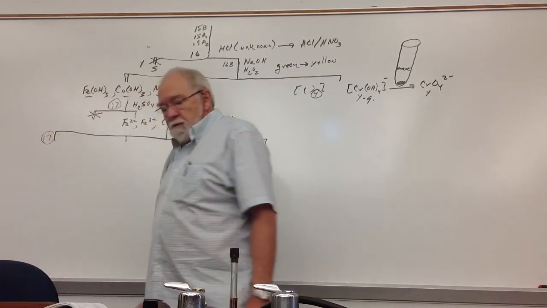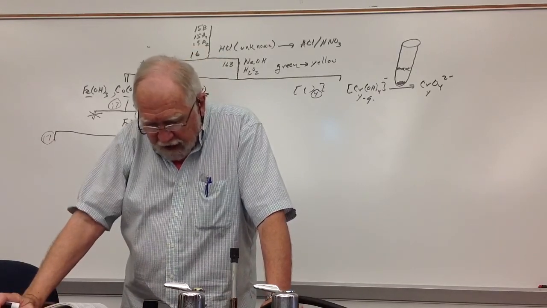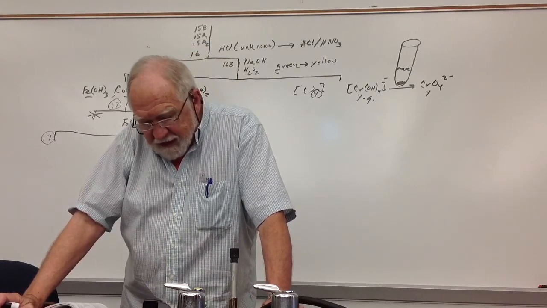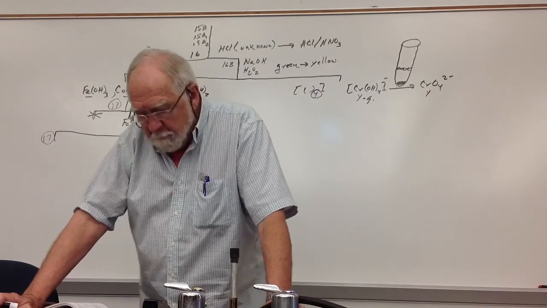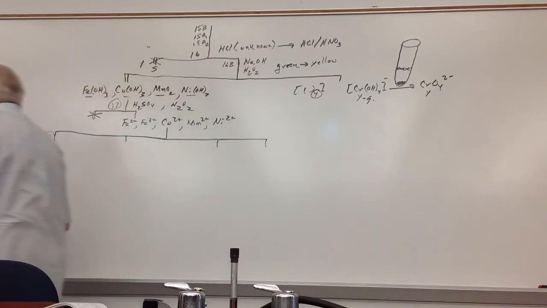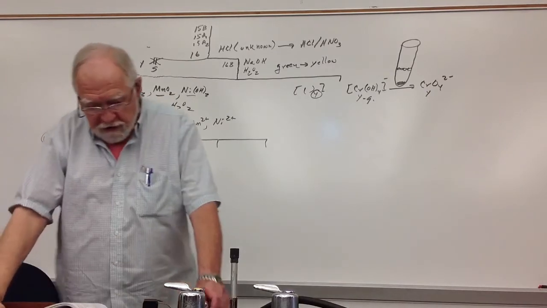Because it says take 1/4 of that solution, and then you're going to add thiocyanate ion. Except here's a correction. It says KSCN, and you won't find it because all we have is ammonium thiocyanate. Okay, so that's the first thing.